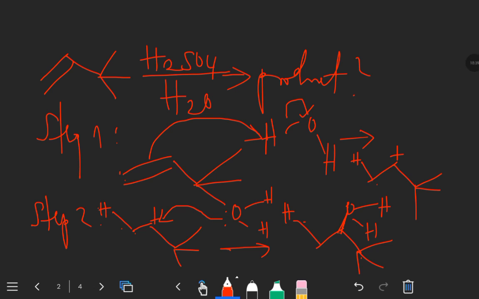Okay, so we have this, which is our compound. Then when we form an alcohol from this compound, actually this reaction will yield two products. One will be an alcohol which is going to be formed from this carbocation, which is just a primary alcohol. Then the other one is also an alcohol which is going to be formed from a more stable carbocation, which is the carbocation at this point.